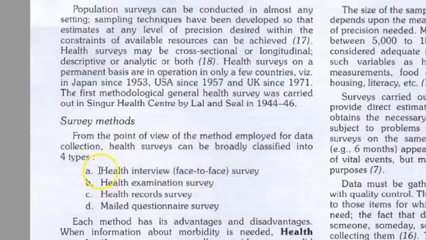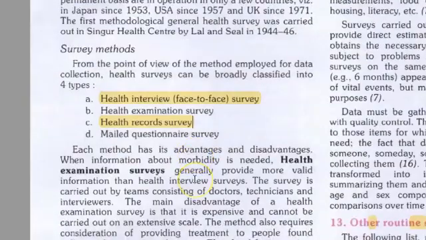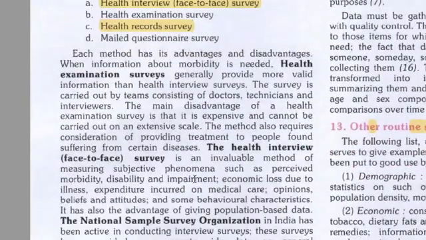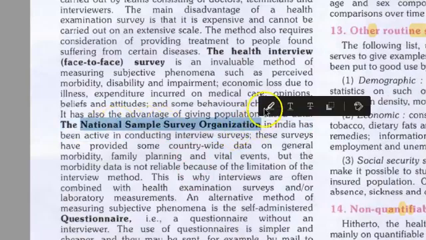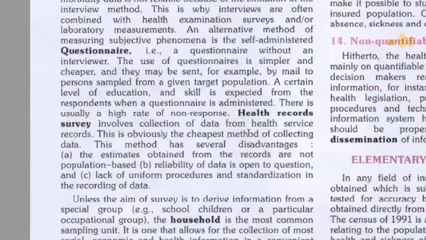What methodologies do they have here? Health interview, face-to-face survey, health records, you will try to read. So many surveys are there here. National sample survey organization. They have some questionnaire.